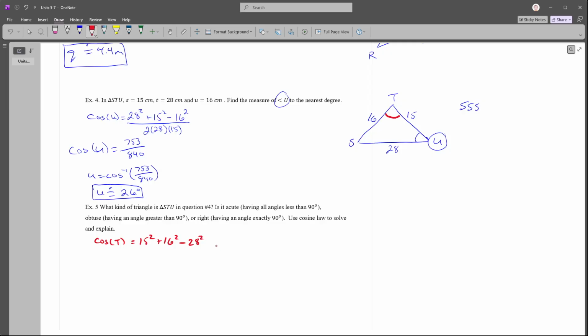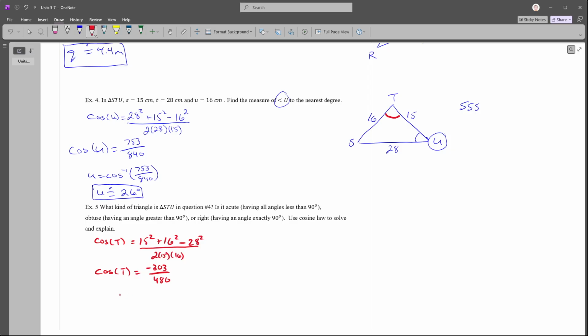Yep. And then we're going to divide that by 2 times 15 times 16. And we end up with cos of T is going to be equal to negative 303 over 480.